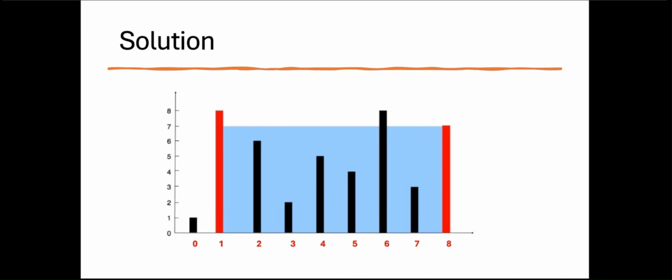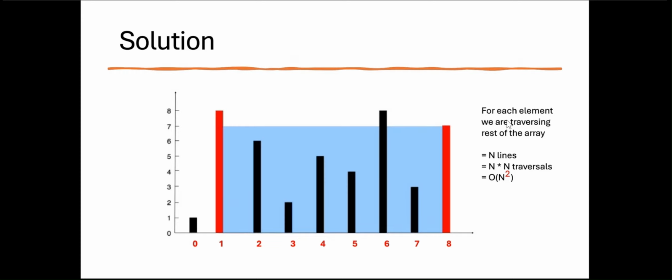One way is, as we saw in the problem statement explanation, we can take each line and check the second line on the right side. For each element, we will again and again check all the lines on the right side, compute the area, compare it with the maximum area visited till now, and replace it if the current area is larger, and continue like that till the end and return.